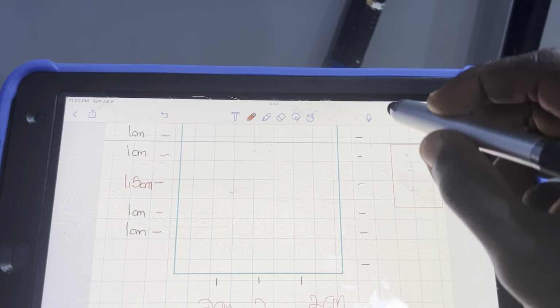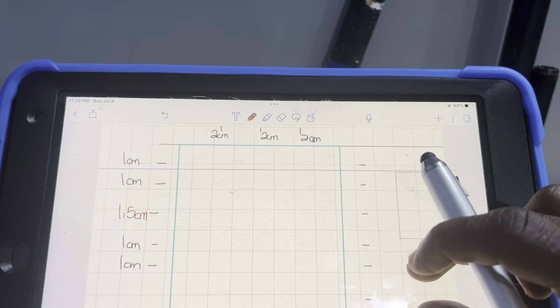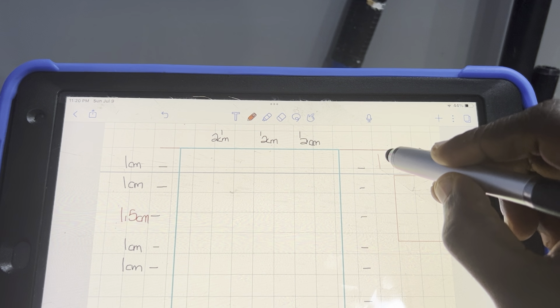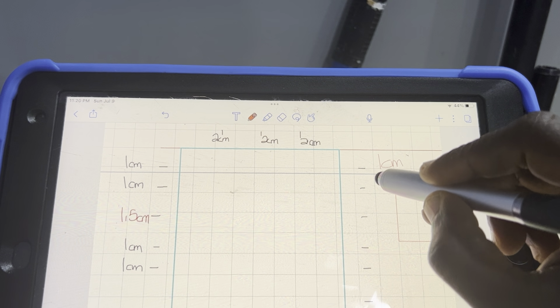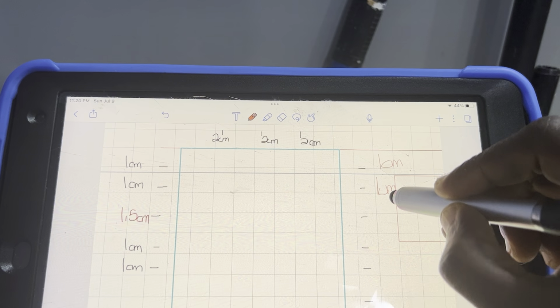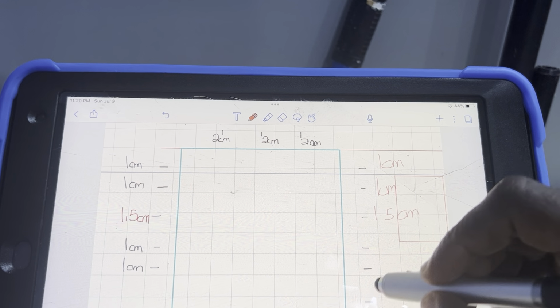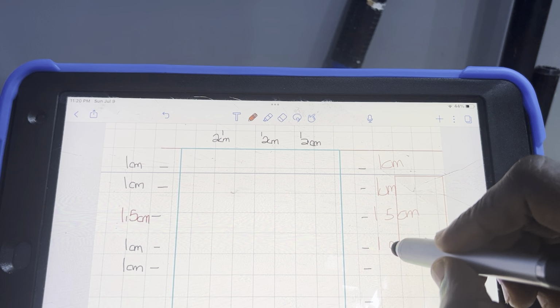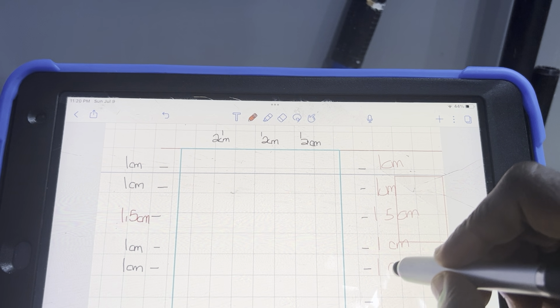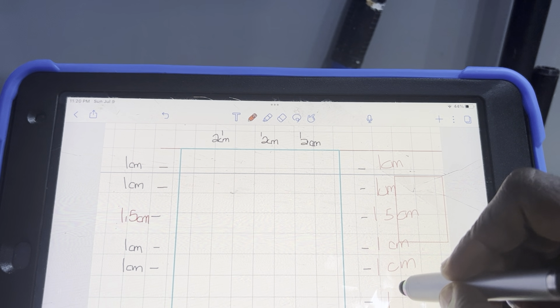On this side, we would have the same: 1 centimeter, 1 centimeter, 1.5 centimeters, back to 1 centimeter, 1 centimeter, 1.5.